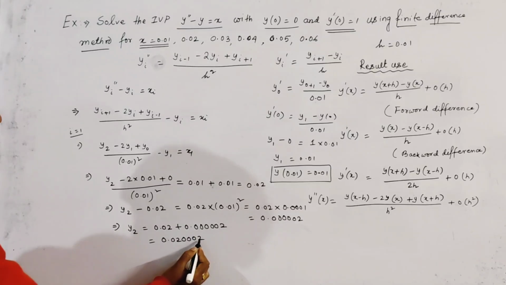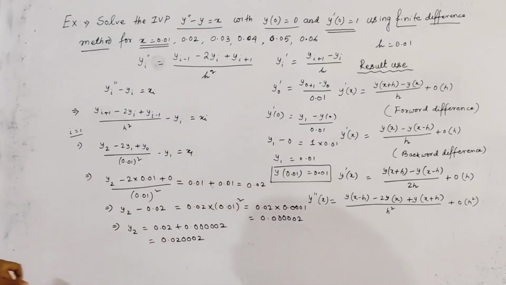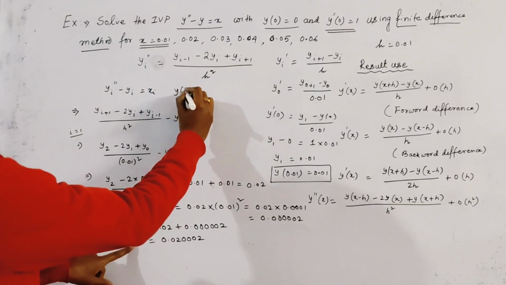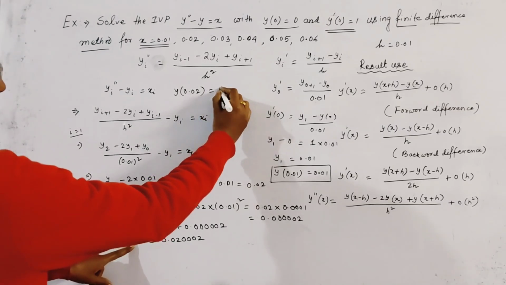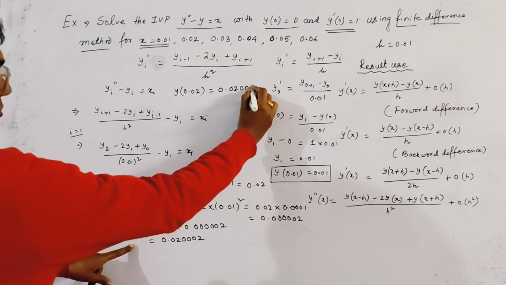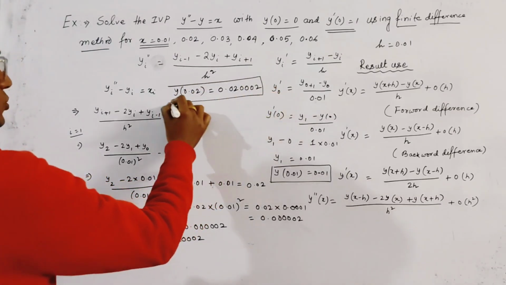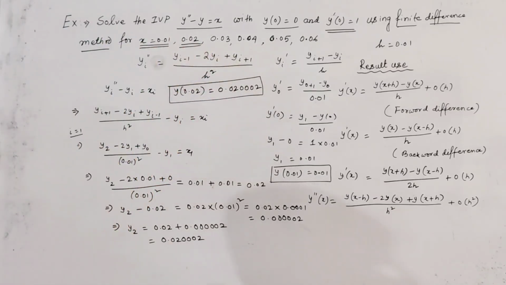This is 1, 2, 3, 4, 5, 6 decimal places. So we get the second result, y of 0.02 equals 0.020002. That is, we get the value of y at the point 0.02.